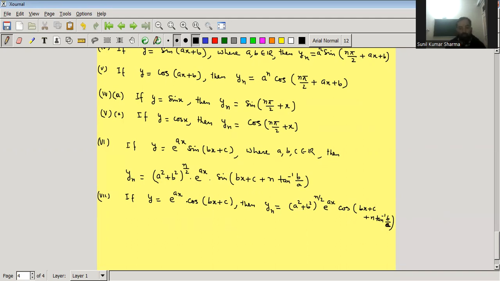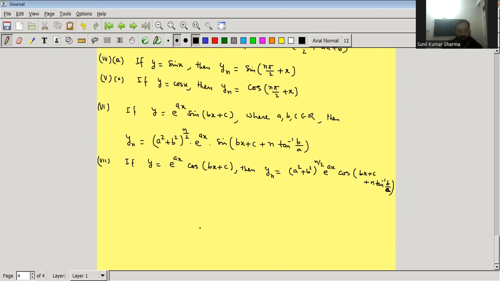So these are the formulas which we have already discussed in our previous lecture.